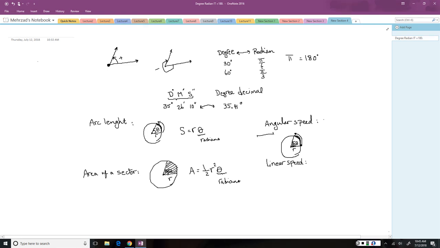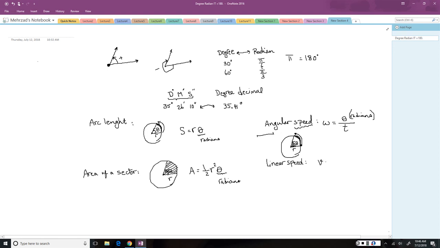For angular speed, and of course speed itself tells us what has been covered over time, we show it with omega. So it's the angle that has been covered over the period of time. And this angle, again, must be measured in radians. So if it's given to us in degrees, first you convert it.